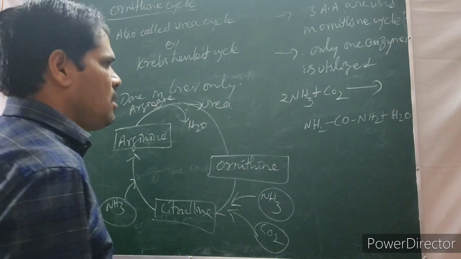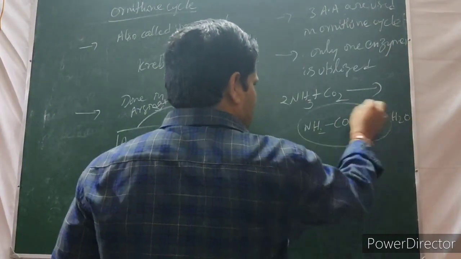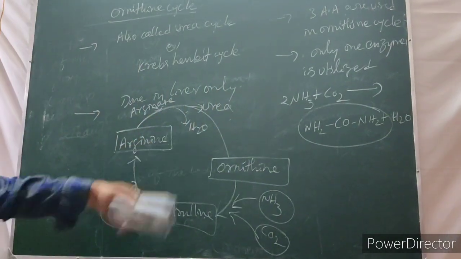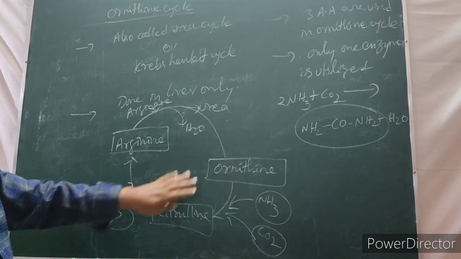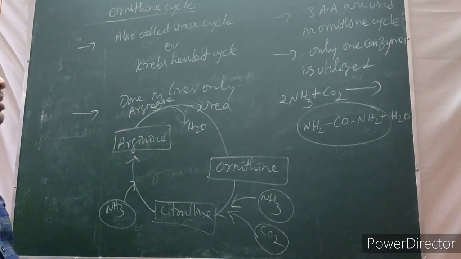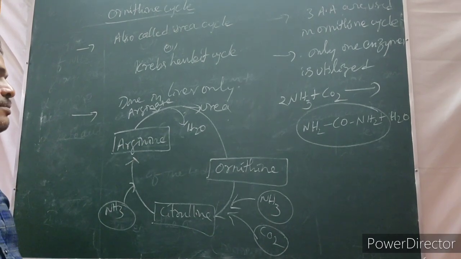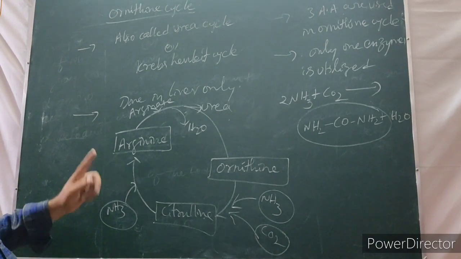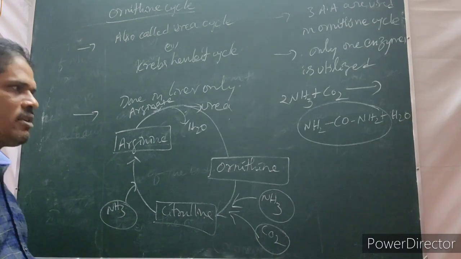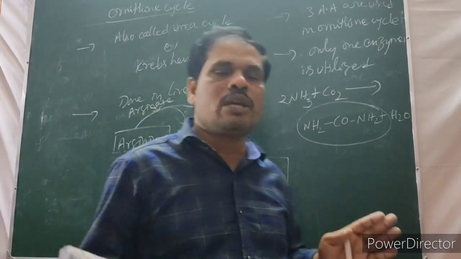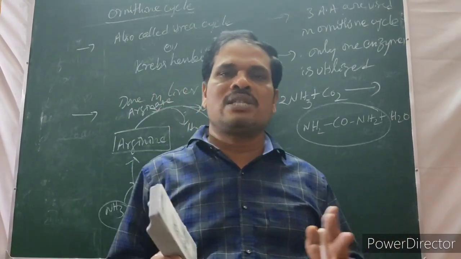This is the formula of urea. In this process, three amino acids and one enzyme are utilized, and one molecule of water is released. It is called the ornithine cycle, which is done in the liver. These are the two chemical methods of physiological excretion.